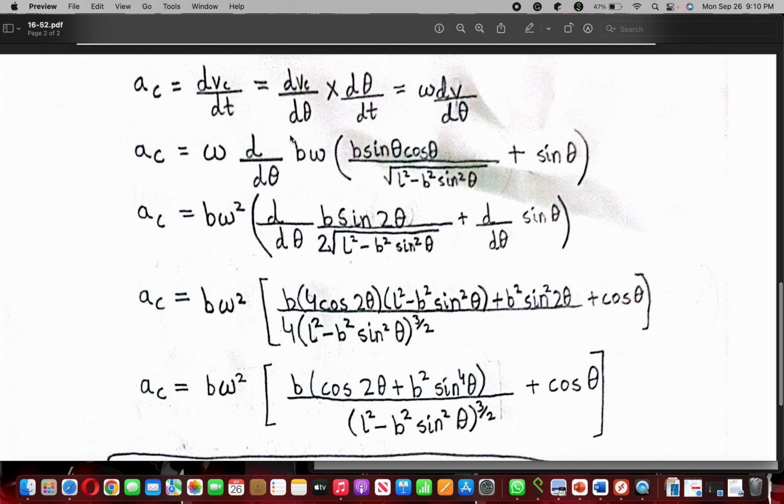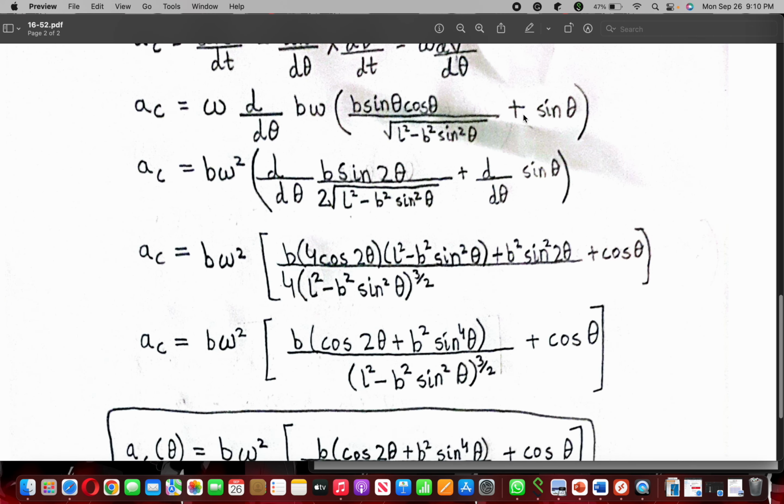Here we can see that b and omega are constants, so we take them out, and then we differentiate this part. As there is a plus sign with it, we can differentiate them separately.